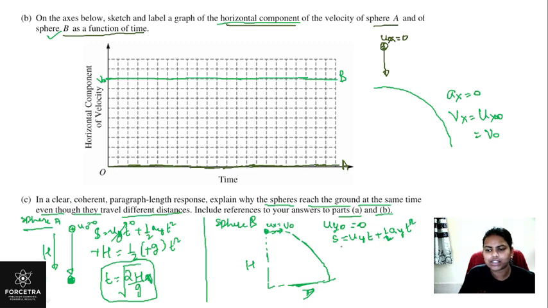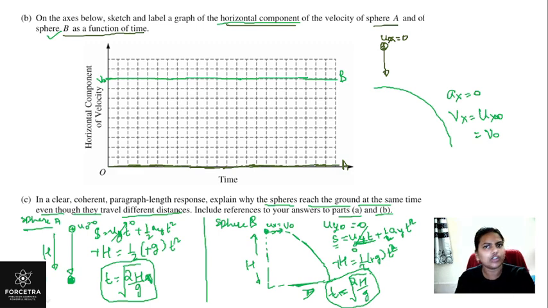The same equation that we used for sphere A, and since the initial y velocity is 0, this term would be 0. Again s is the vertical height, so negative h is equal to half of minus g into t square. So the same equation is deduced. What we infer from this is that the time depends only on the vertical component; it has nothing to do with the horizontal component.